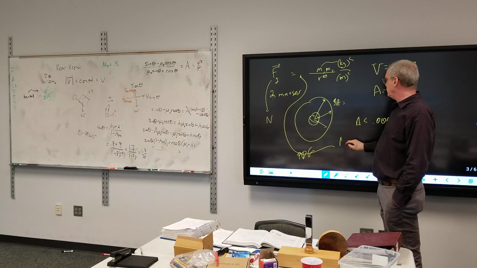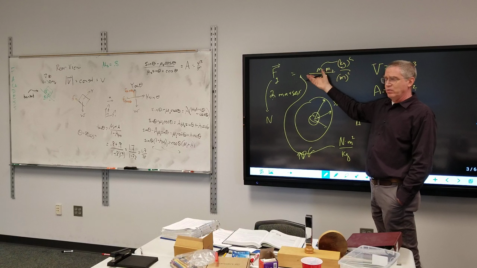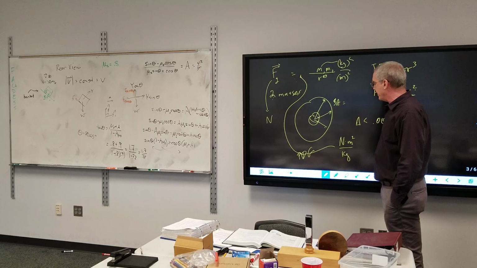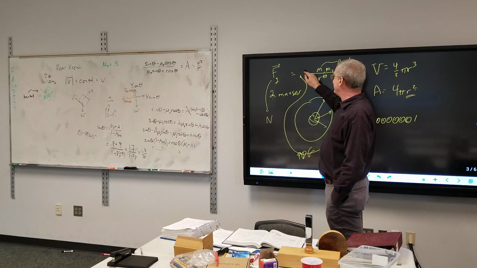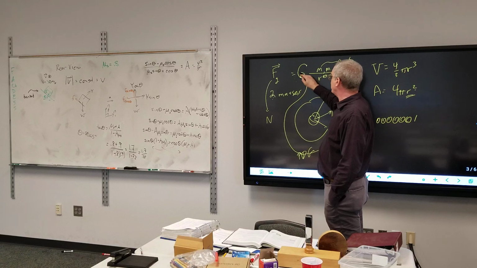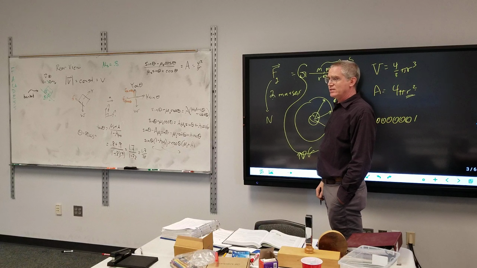And so if it's in newtons meters squared per kilogram squared, the meters squared and the kilograms squared would cancel out. I'm left with newtons. It's mathematically sound, at least as far as the units go. And more specifically, this is represented by a capital G. This is the gravitational constant.